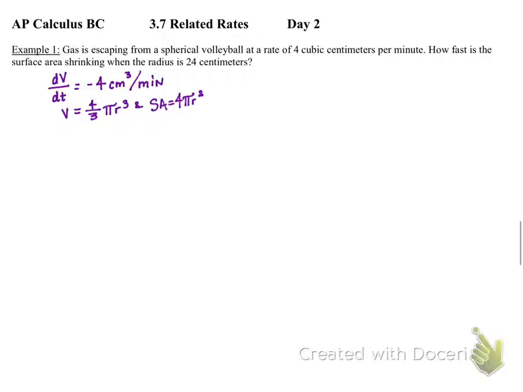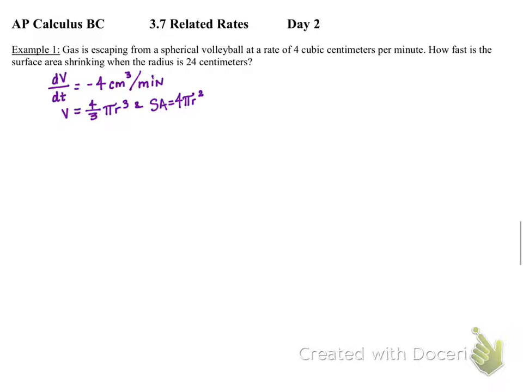You know that the volume of a sphere is 4/3 pi r cubed, and the surface area of a sphere is 4 pi r squared.